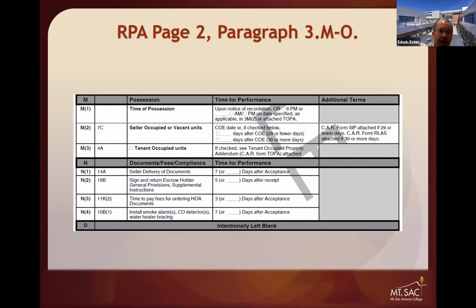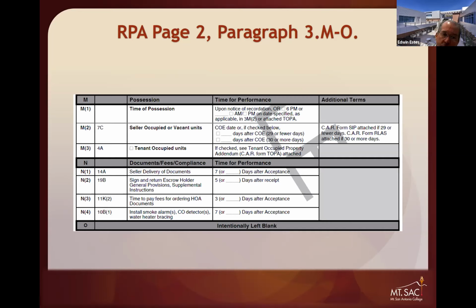All right, so N is documents, fees, and compliance. So the seller will deliver all documents to the buyer within 7 days. The parties will sign escrow instructions within 5 days of receipt. The seller will order their HOA documents, if applicable, within 3 days after acceptance.